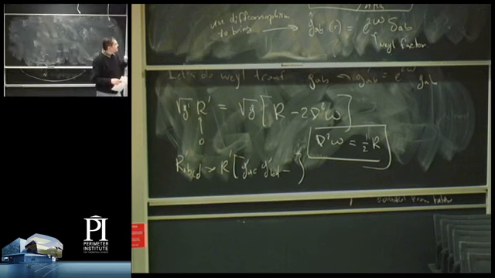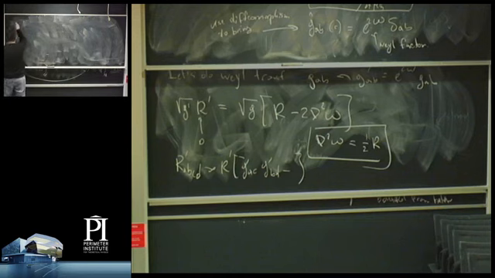So in other words, fixing the metric to be flat does not completely fix gauge degrees of freedom associated with diffeomorphism and Weyl transformation.